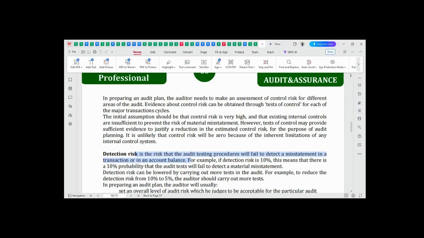I gave an instance of inherent risk, talking about account receivables. If there is no record for customers in an organization, if you have not validated the records of customers, detection risk is always low.